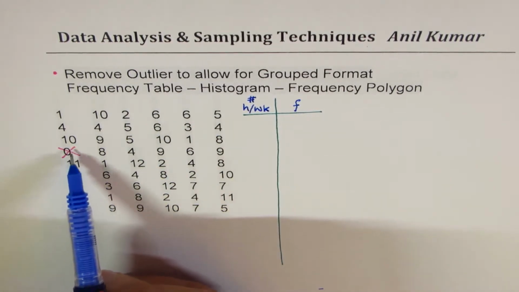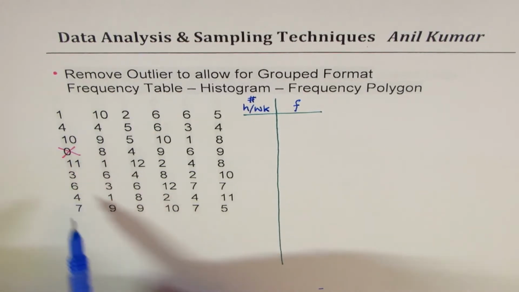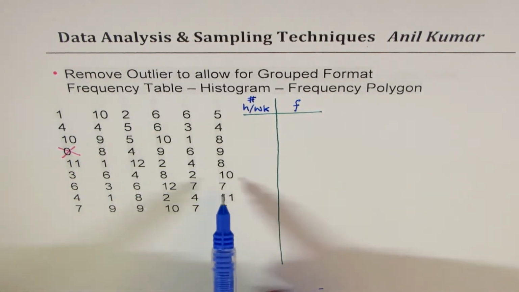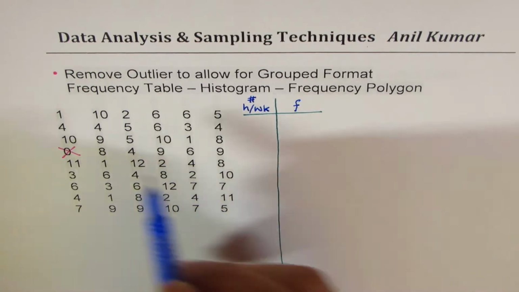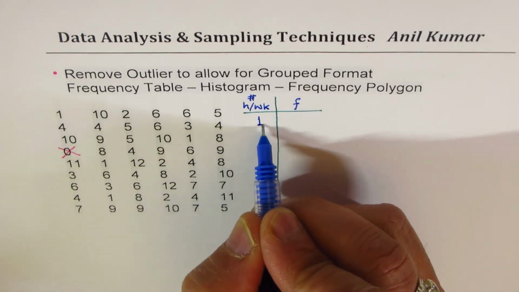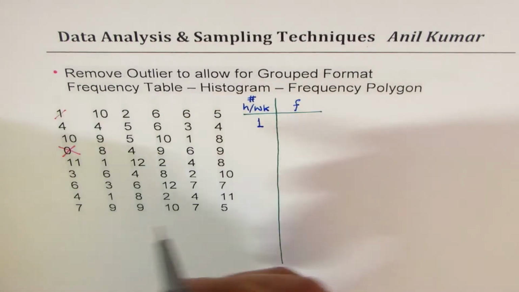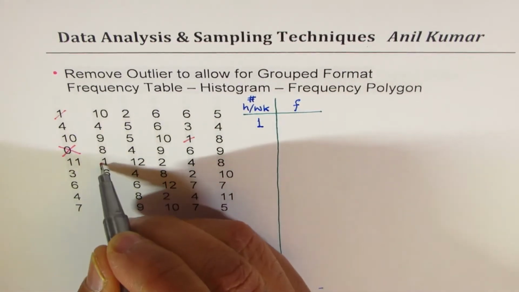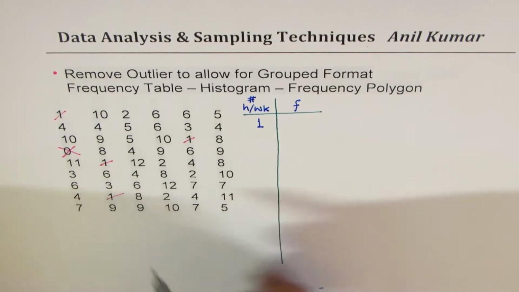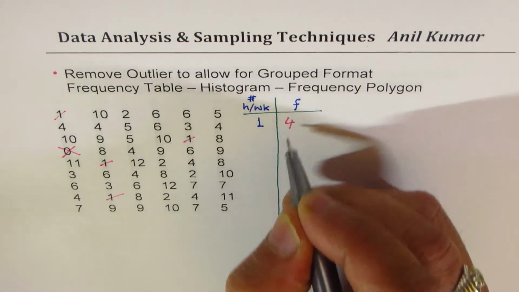We have already taken care of the outlier by removing it. So we have a total of 53 students' responses here. If I write 1, the number of ones, let's count them: 1, 2, 3, 4. So we have 4 ones.